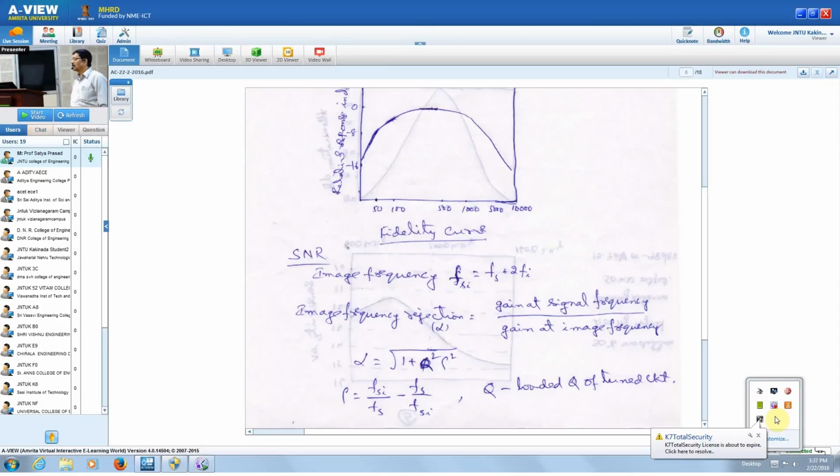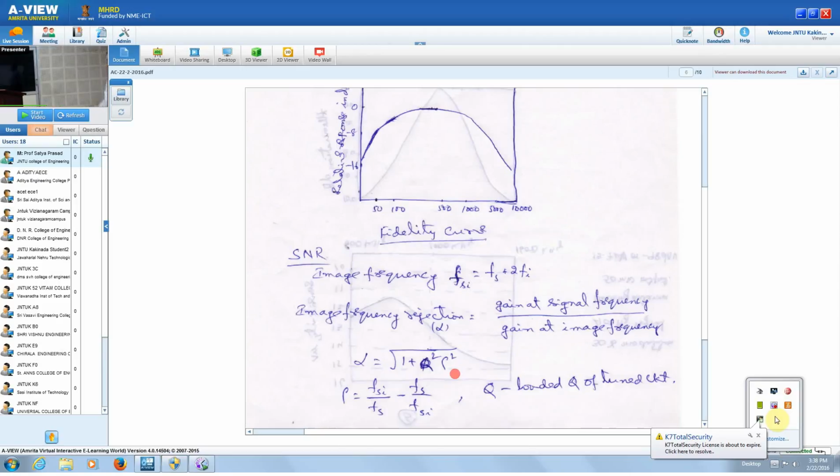So the R value, 0.1 square, this is 75 whole square, 75 into 0.1, 7.5 whole square.